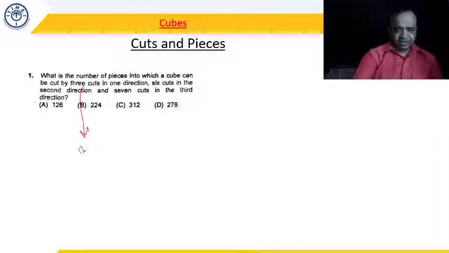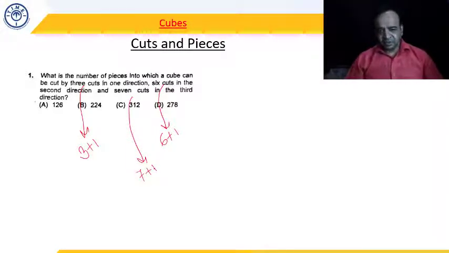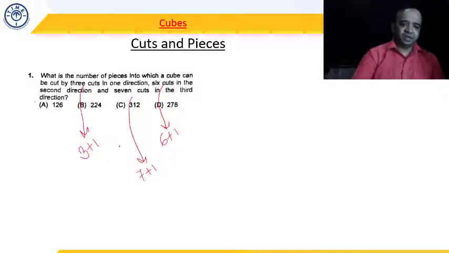The number of pieces along that dimension is how much? 3 plus 1. 6 cuts along the second dimension, so the number of pieces along that dimension is 6 plus 1. 7 cuts along the third dimension, number of pieces is equal to 7 plus 1. So the number of pieces along the dimensions are 3 plus 1, 6 plus 1, 7 plus 1.